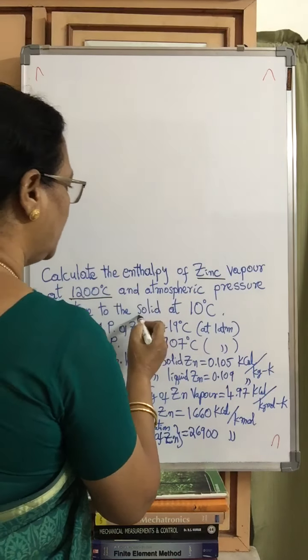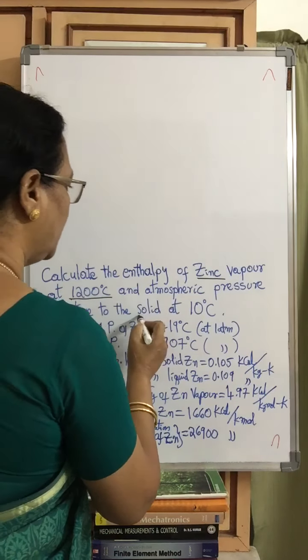Then what does the chemical engineer do? Supplies heat. Then the zinc will melt to liquid, and then that liquid will be converted to vapor. Then that vapor will be heated to 1200. Like that, by supplying heat, we will convert solid zinc to zinc vapor.